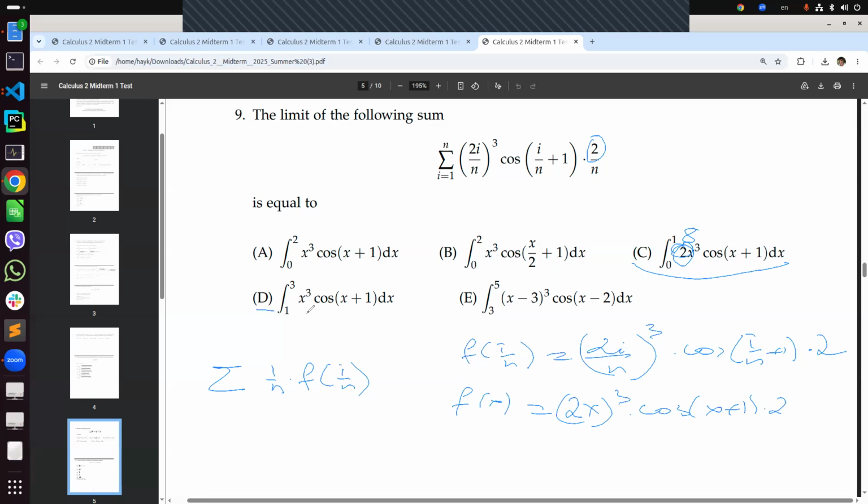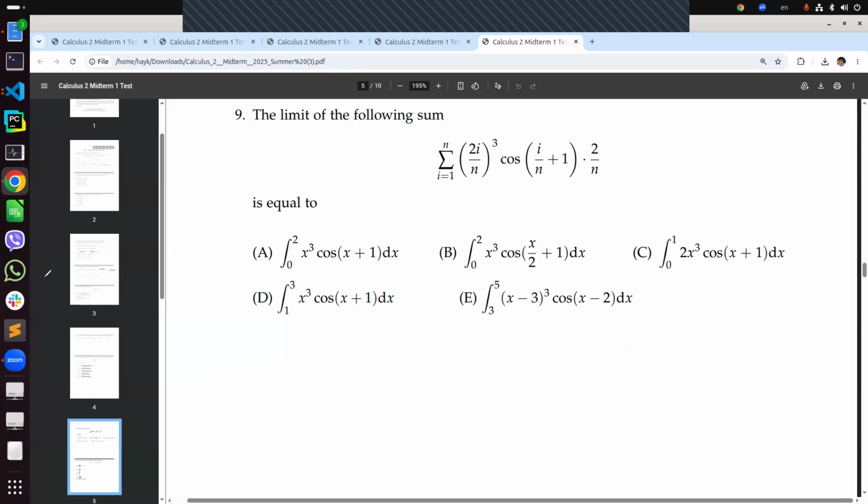Same way, if we consider maybe D is the correct answer, how can we explore D? So if a equals 1, b equals 3, our Riemann sum will have the following form.